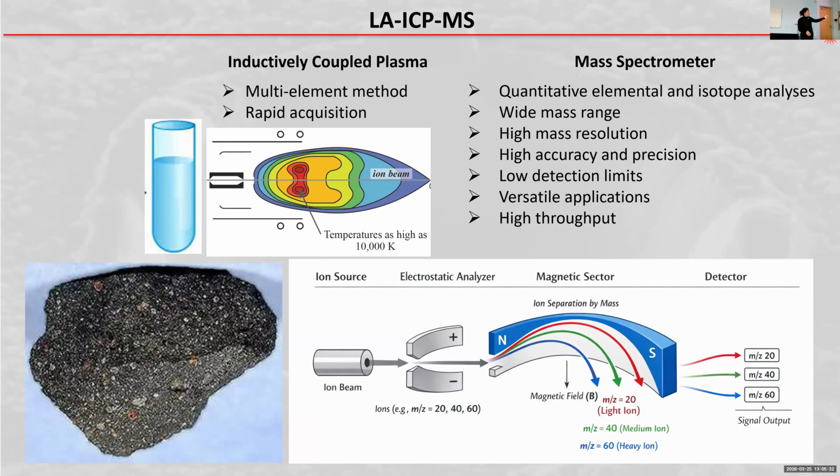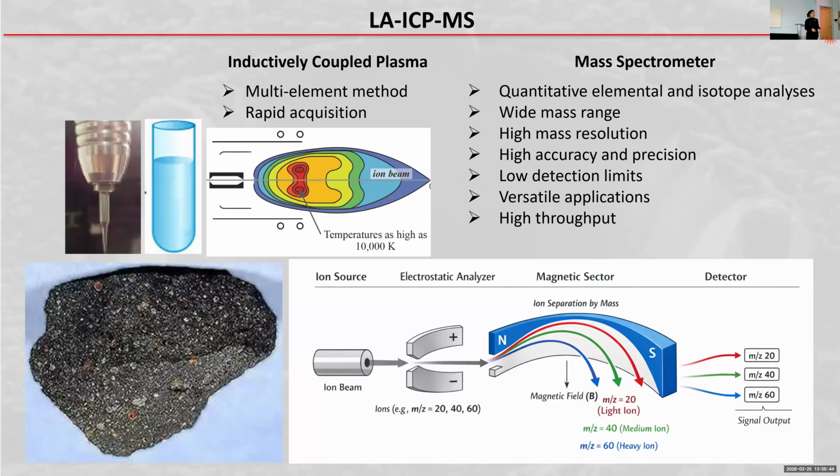Also, you will lose the spatial resolution, which a lot of us geologists are interested in. You could compromise with a micro drill, but there's only so much you can do with it. Again, because of the sensitivity and the signal to noise ratio, you don't want to lose that potential.